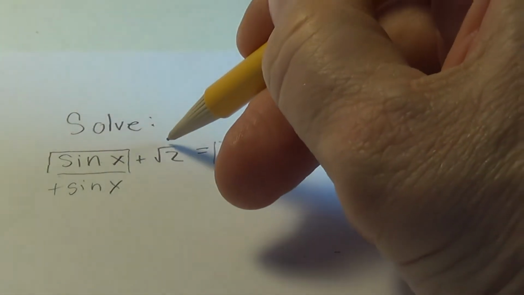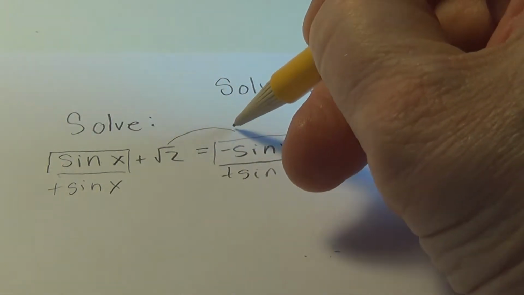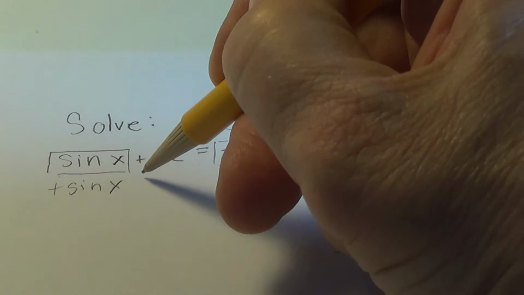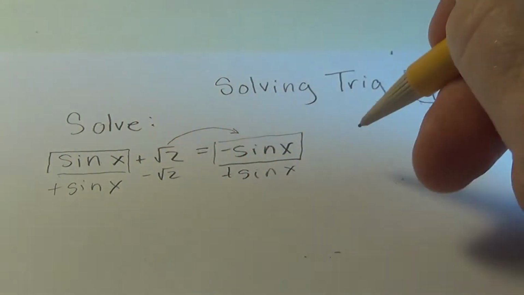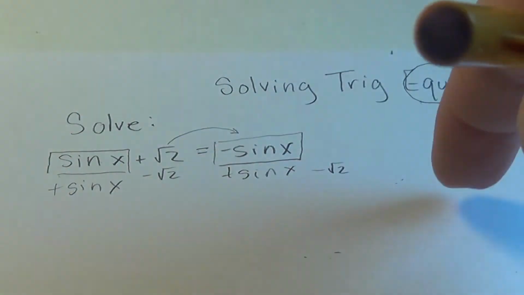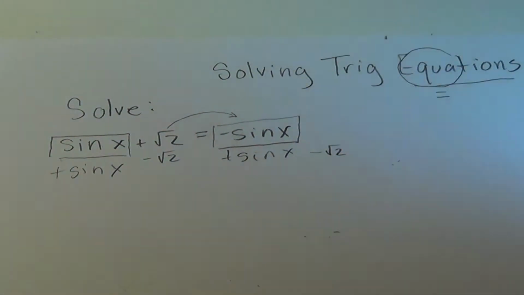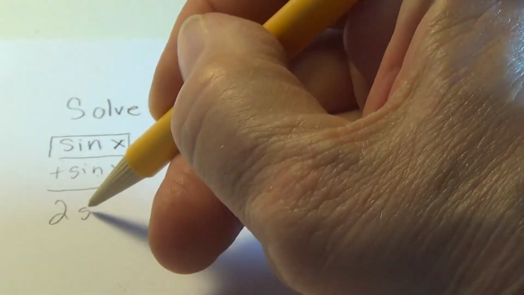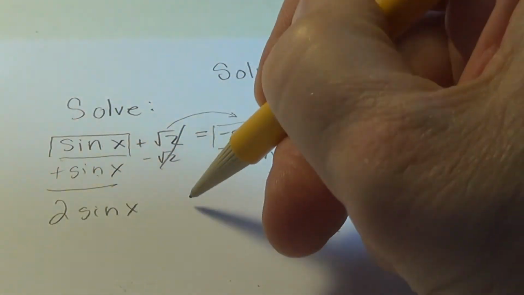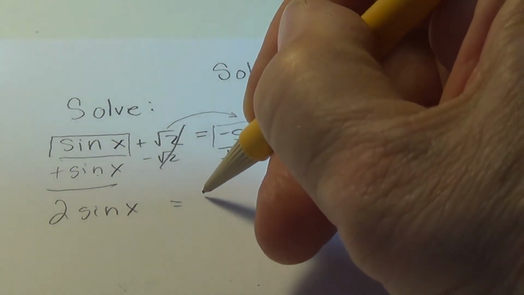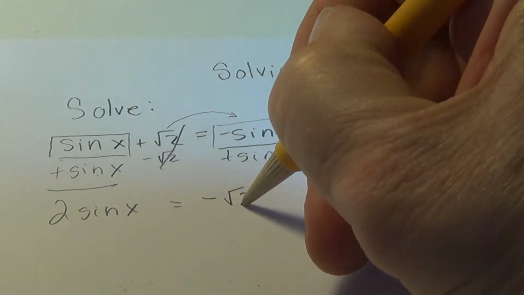And at the same time, I'm going to move the expressions without sine x to the other side. So I'm going to subtract square root of 2, subtract square root of 2. So once I move some things one way and some things the other, when we add sine x to sine x, we get 2 sine x.